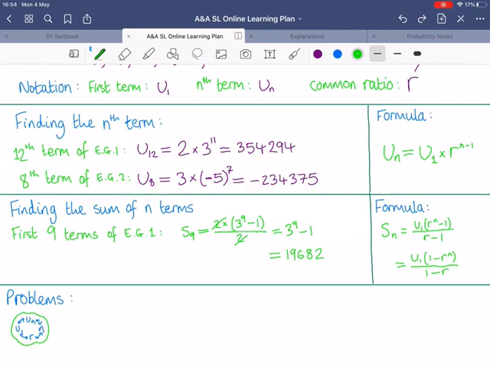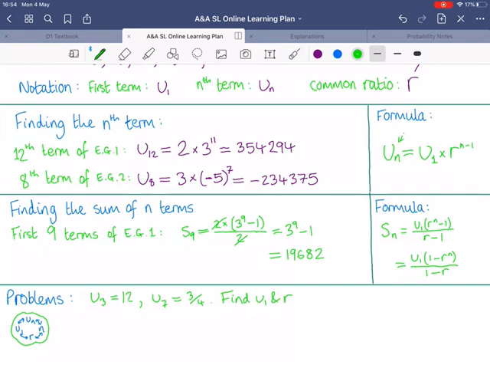So then what if we had a final problem? If u3 was 12 and u7 was 3/4, in a geometric sequence, this would have to say, find u1 and r.